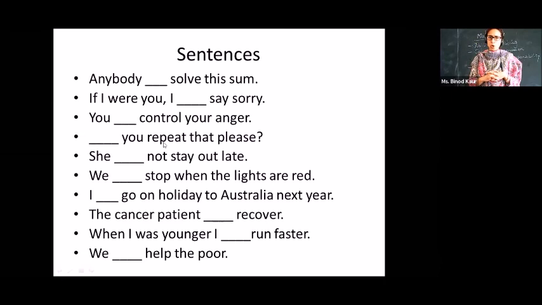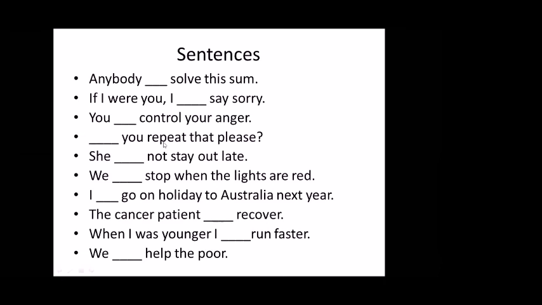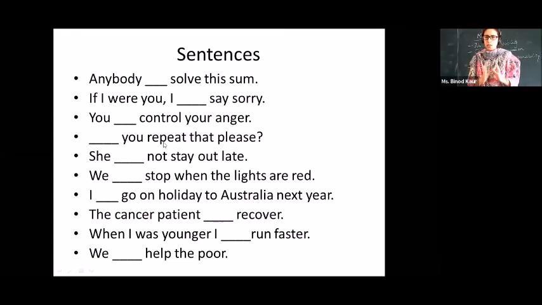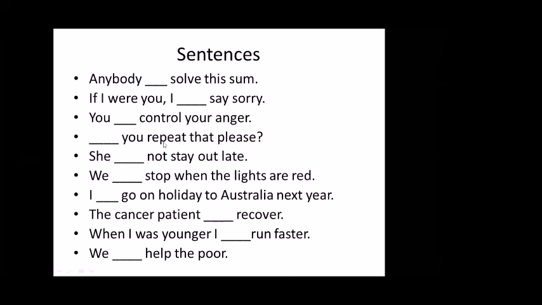I dash go on holiday to Australia next year. I will go on holiday to Australia next year. If you can remember that rule I told you, will is to be used with which person? Second or third. Well done, wonderful.